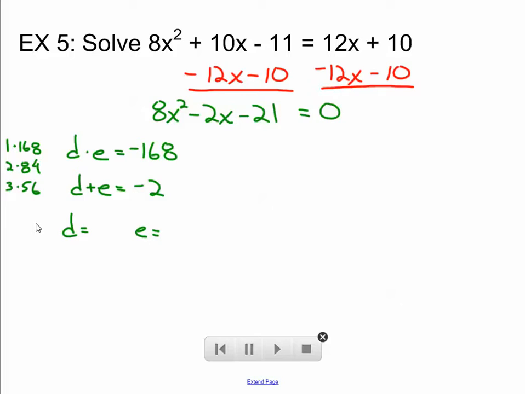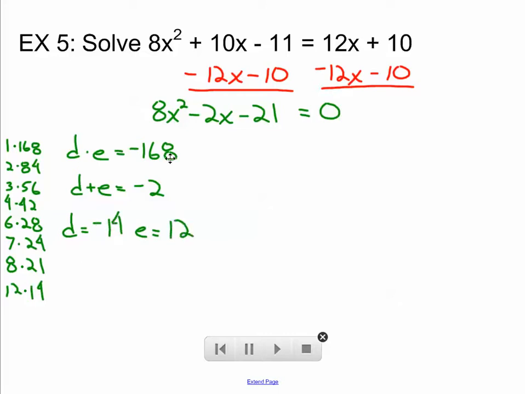It's divisible by 4 and 42, but they need to be 2 apart. 6 and 28, we're getting closer, but those are still 22 away. 7 and 24, 17 away from each other. 8 and 21, those are 13 away from each other. It's divisible by 12. There we go, 12 times 14.